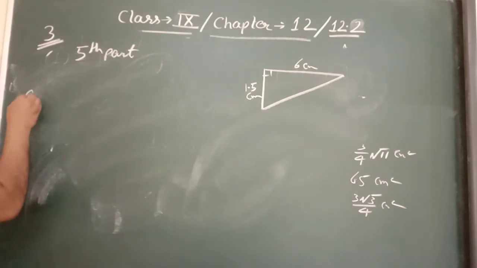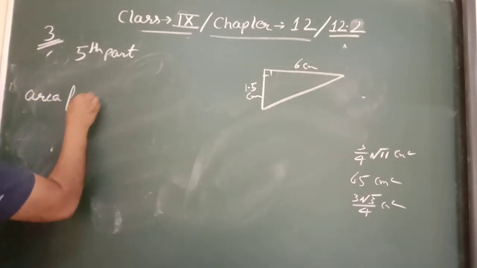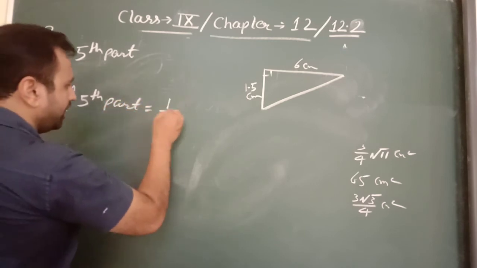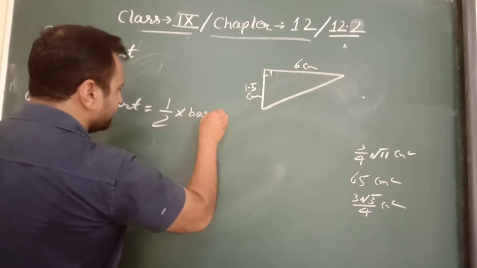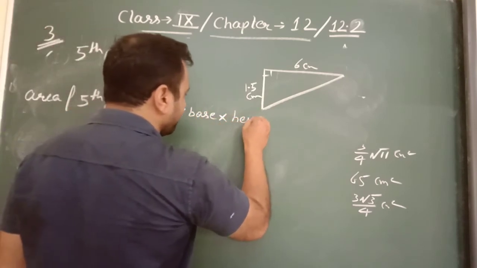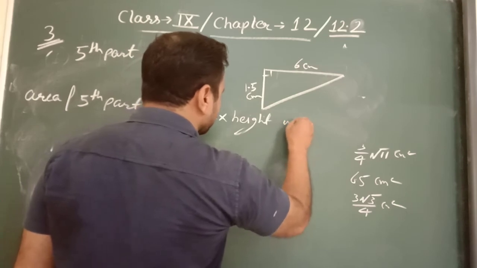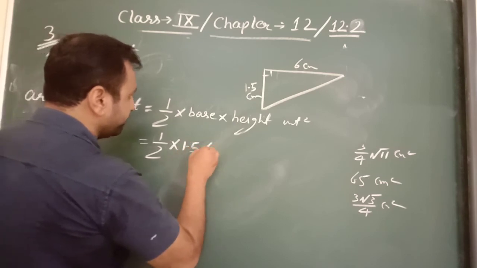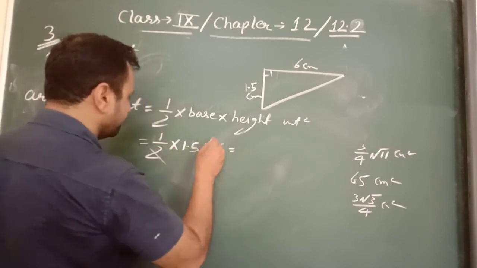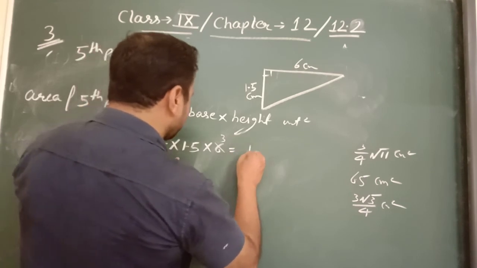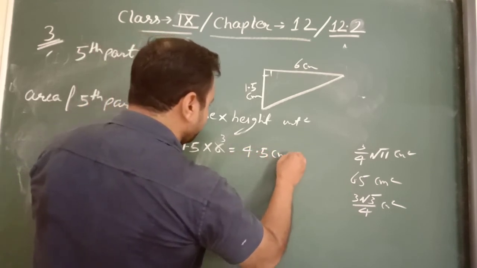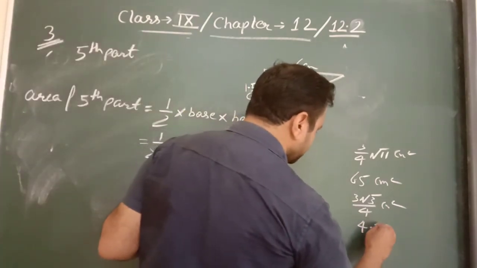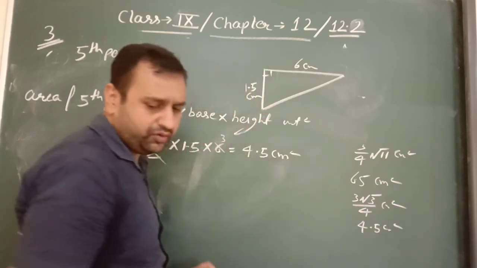So area of fifth part, we can apply half into base into height unit square. So half multiply 1.5 multiply 6. So its area is 4.5 centimeter square, and same area is also of fourth part.